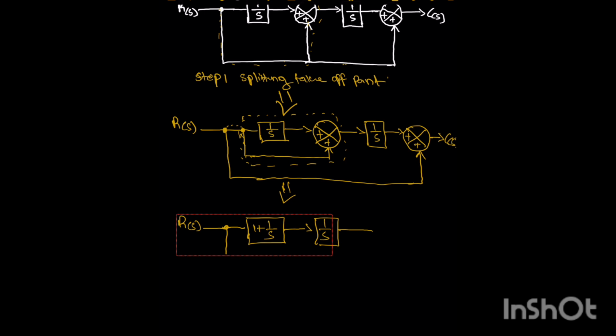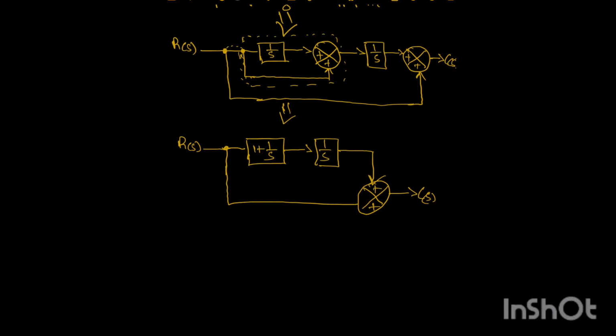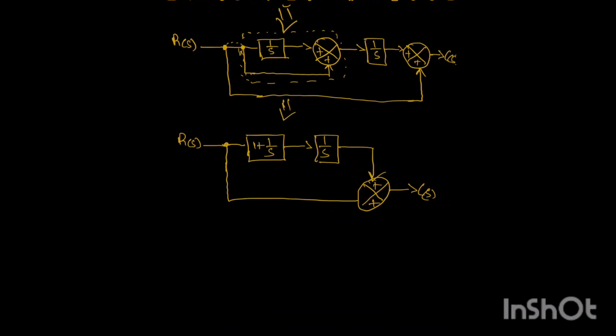So let's try to bring down this summing point over to this place. You can also leave it here, but I just want to bring it down so that we'll be able to put this in series. So now the next thing we are going to do is combine these two blocks in series. So what we'll have is arrow of x, we would have 1 all over x.